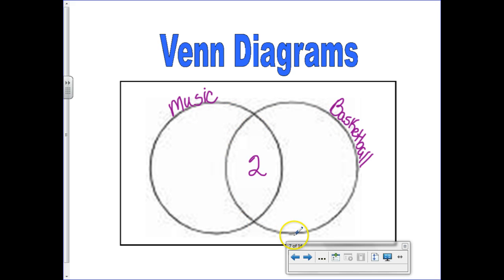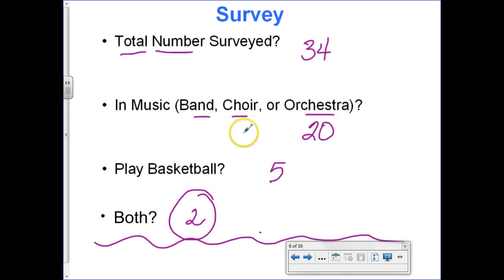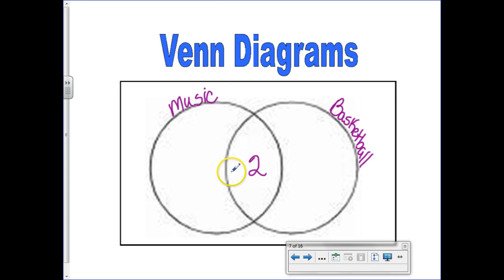When I go to talk about basketball, they're also in that circle. 20 students raised their hand that they participate in music. 2 of them are already accounted for right here. The other 18 that are in music are going to be in this region outside of the overlap.